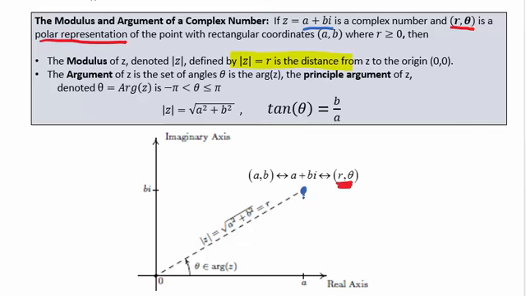And since this is a right triangle with side lengths of a and b, then the modulus is just that distance found by the Pythagorean theorem.